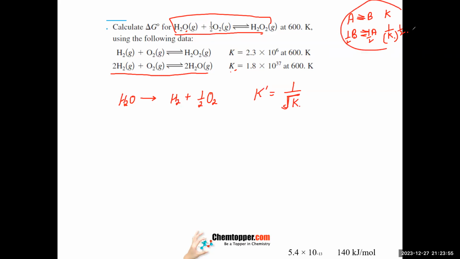So please review this from unit 7. That value is now 1 over the square root of 1.8 times 10 raised to power 37. This is the new K.